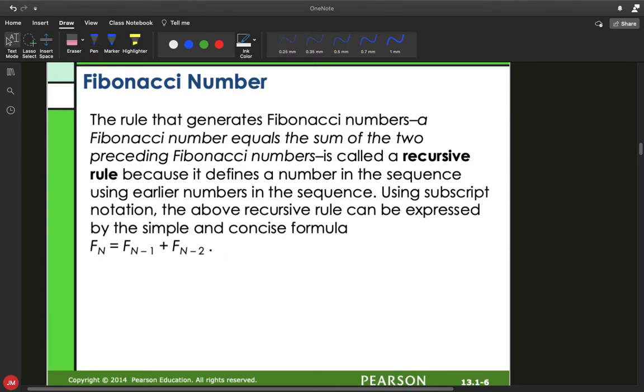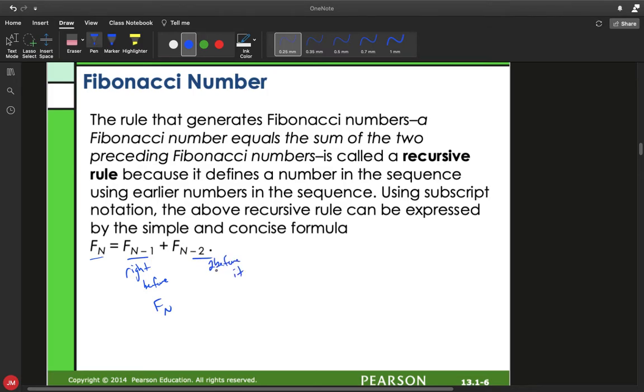In other words, you just continue to add the two numbers that are at the end of the sequence to get the next number, and so on. Another way to say that is that each number of the Fibonacci sequence is the sum of the number that came right before it, F sub n minus 1, and the number that came two before it.